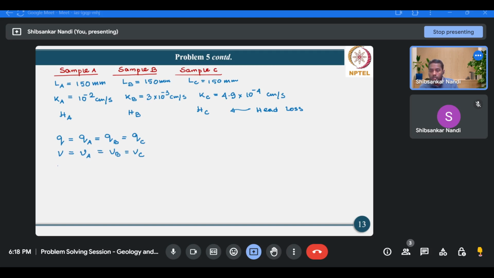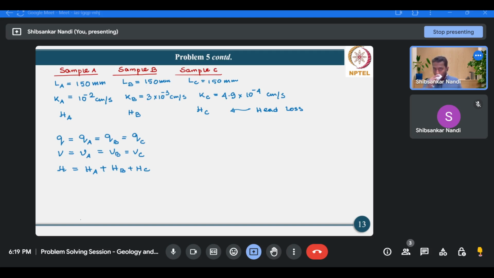However, the total head loss is a summation of all the three head losses, which take place individually for sample A, sample B, and sample C.